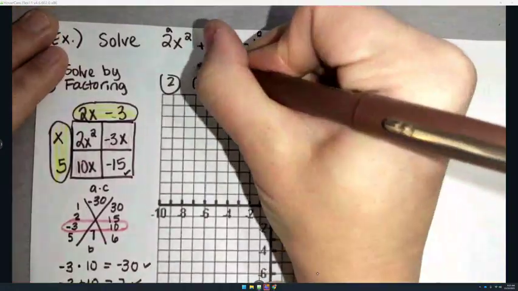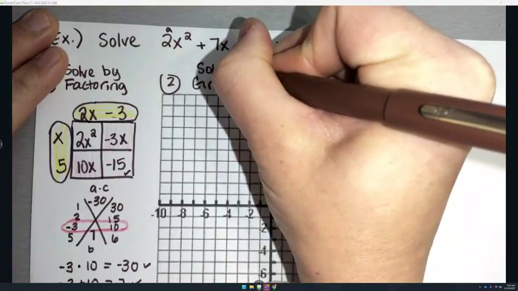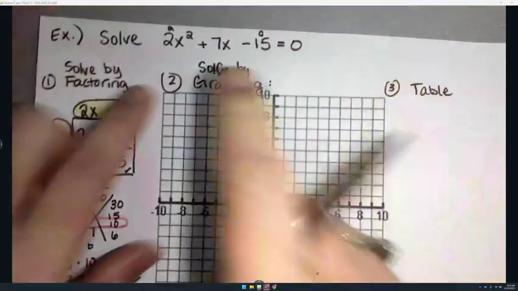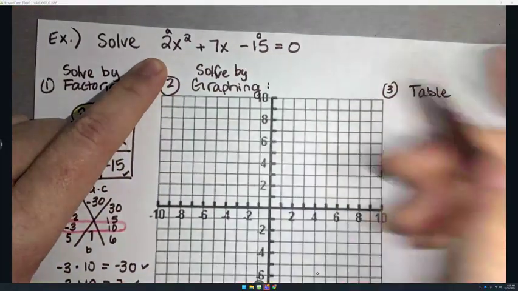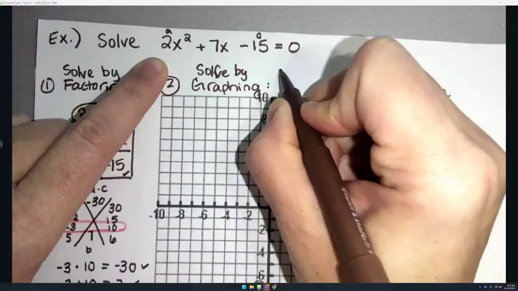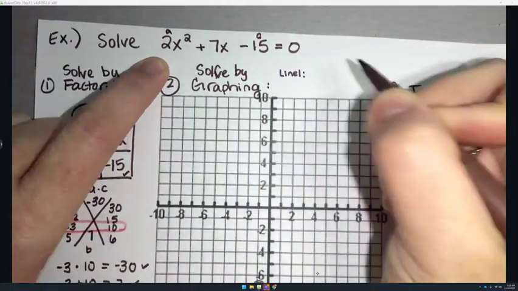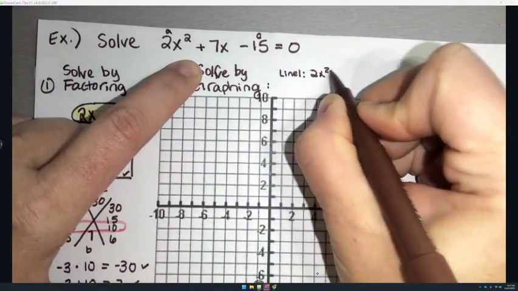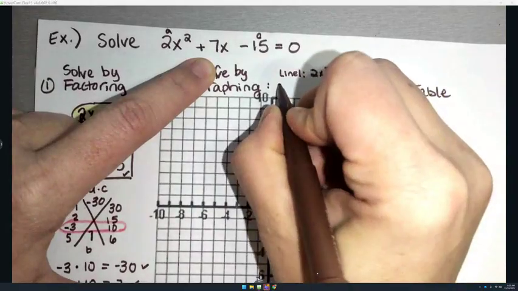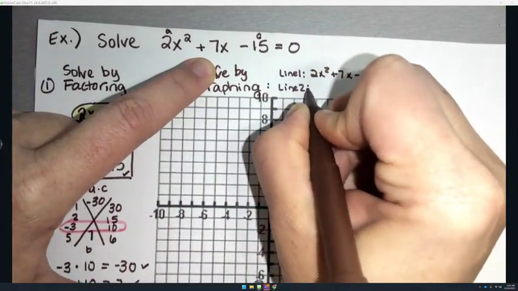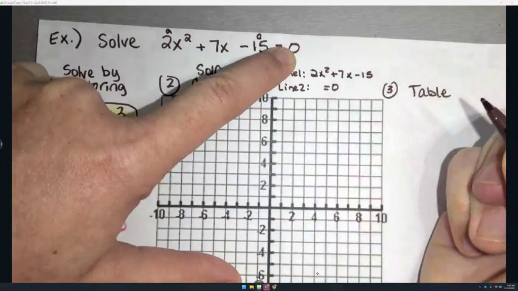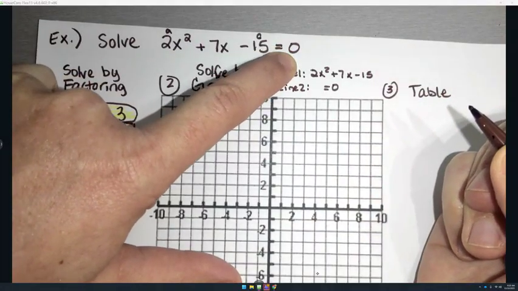All right. So to solve by graphing, what you're going to do in Desmos is you're going to put the left side into line 1. So line 1, you're going to put 2x squared plus 7x minus 15. What are you going to put in line 2? Do you remember? Not just 0, something in front of it to get a line.